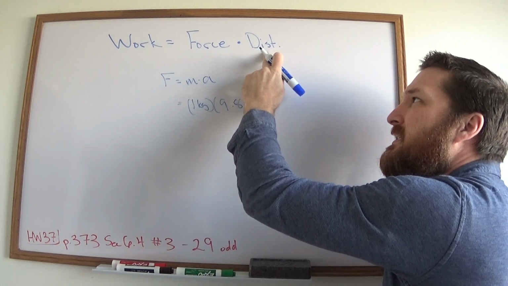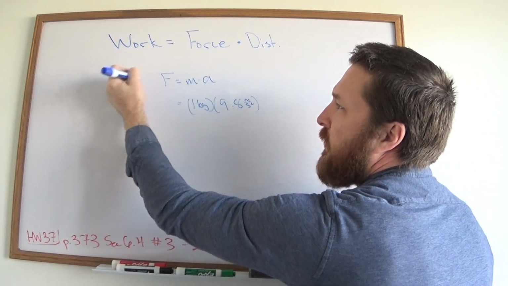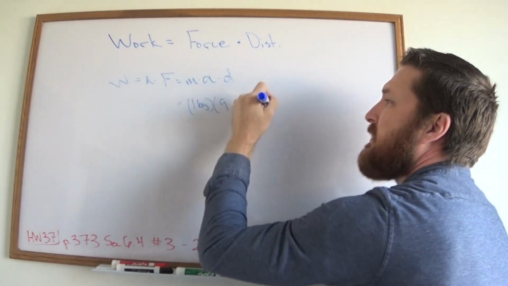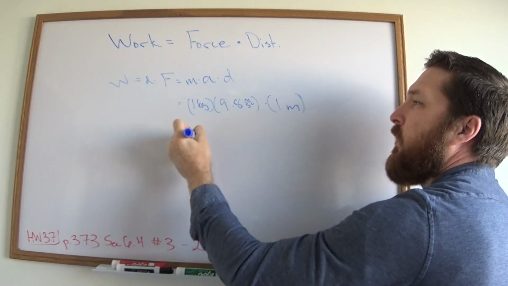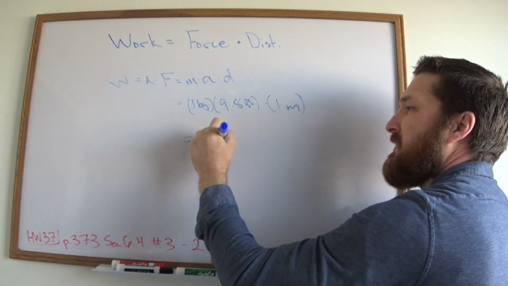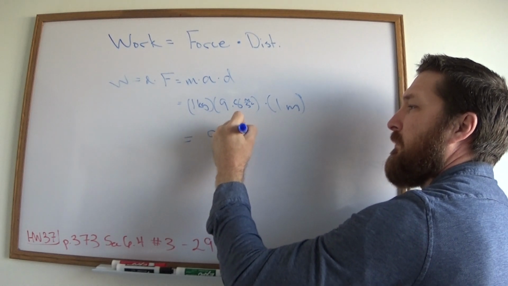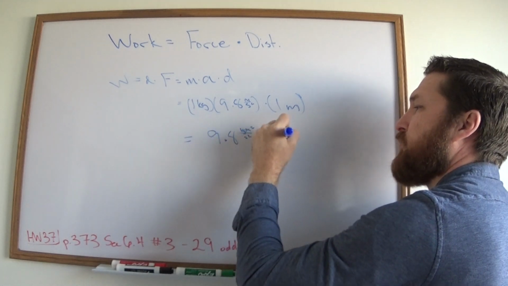And then the distance that I've moved it through was 1 meter, so the work is this times the distance, which is 1 meter. And so that's 9.8 kilogram meters squared per second squared. Or how about 9.8 joules?